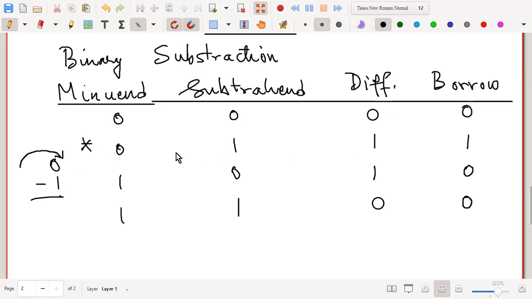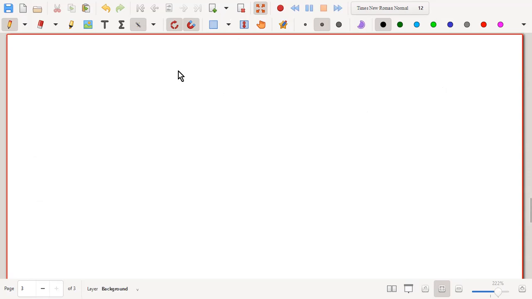All right, so let us see some examples. Let me go to the next one. The example is, suppose you need to subtract 1 0 1 1, okay, you need to subtract 0 1 1 0.